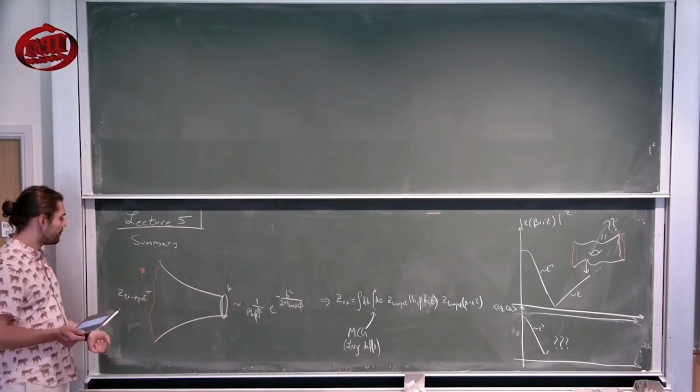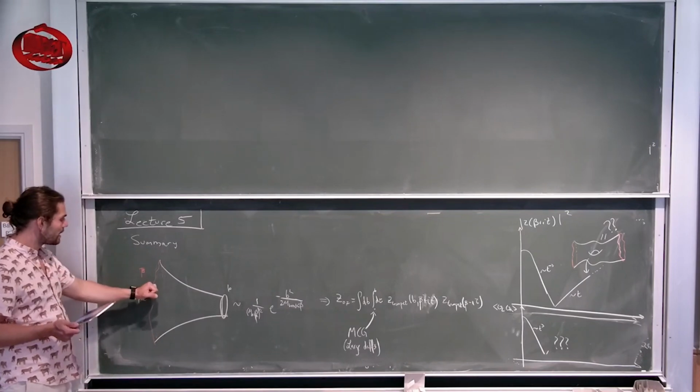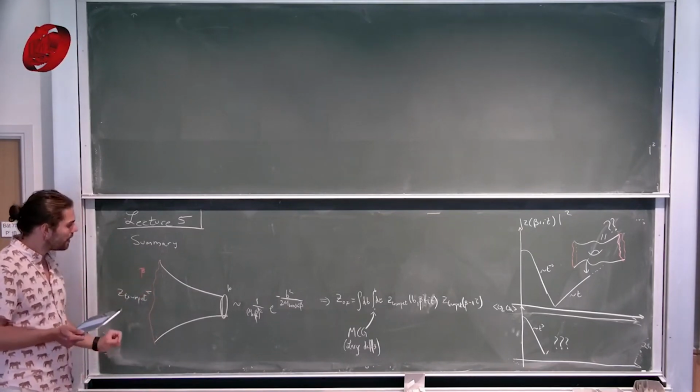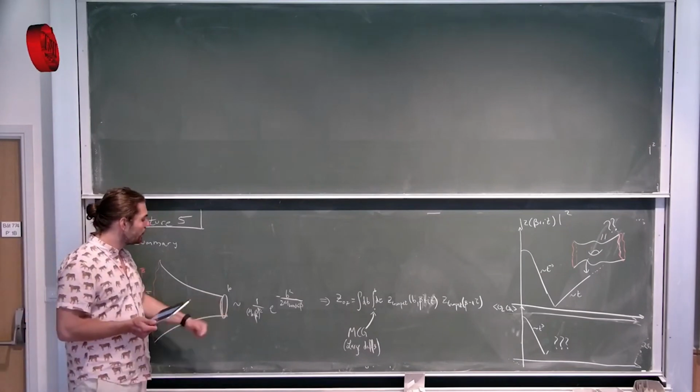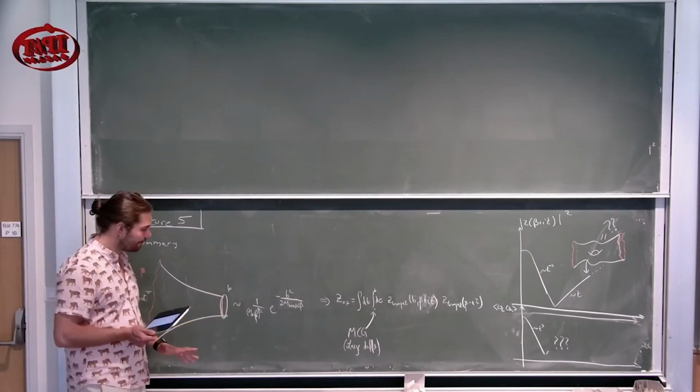This is a geometry that is hyperbolic. It has an asymptotic boundary of proper length beta with fixed dilaton at the boundary, and another geodesic boundary of length little b. That's finite.